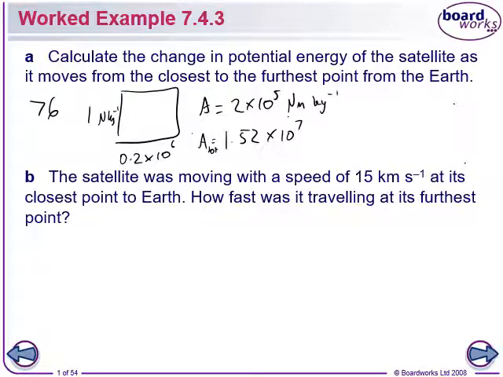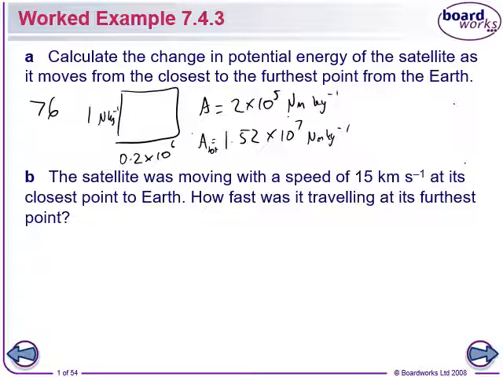Yes, Newton meters are the same as joules, absolutely. So there we've got 1.52 times 10 to the 7 Newton meters per kilogram. But again, we need to multiply by our mass to get our total change in energy. So our mass is 1,500.